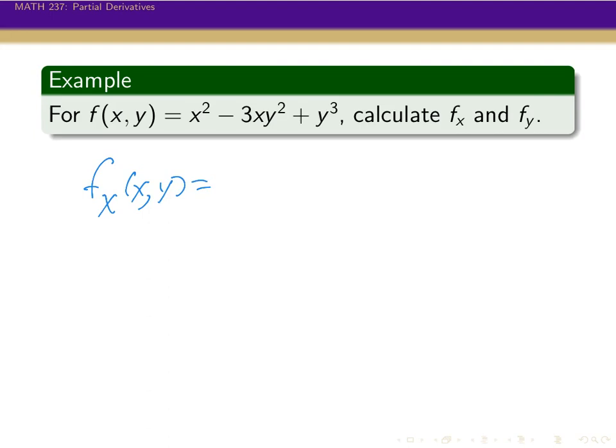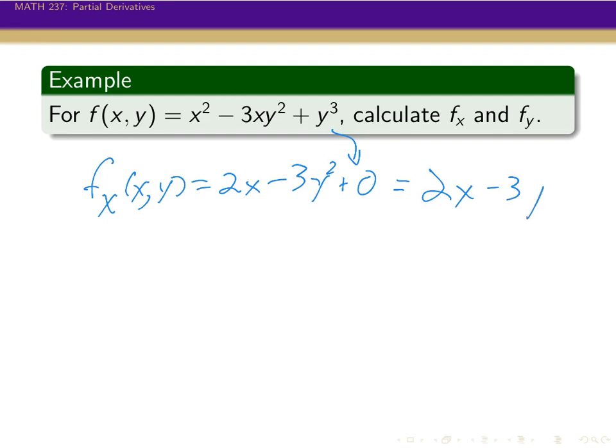So the derivative of x squared is 2x minus, we're taking the derivative of 3xy squared. The 3y squared is pulled out as a constant. Derivative of x is just 1. And then derivative of y cubed, well, there's no x there, so treat it as a constant. That goes to 0.